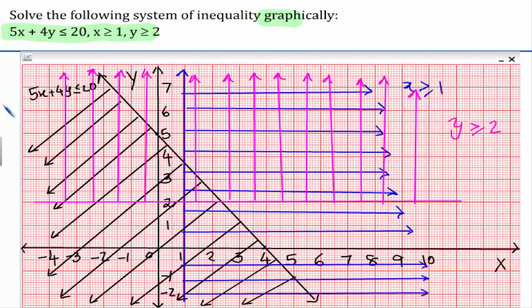Now let us slowly shade that. Here is a very small area. Here is a triangular region. This triangular region has the solutions of the given inequalities.